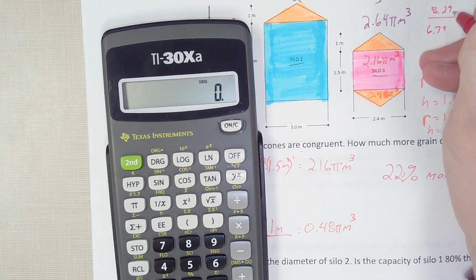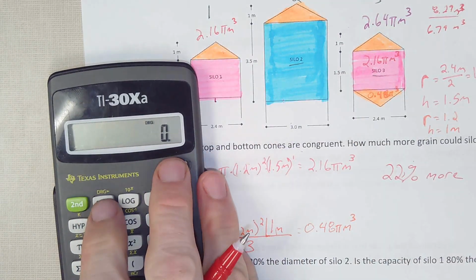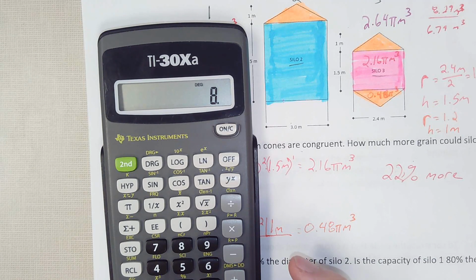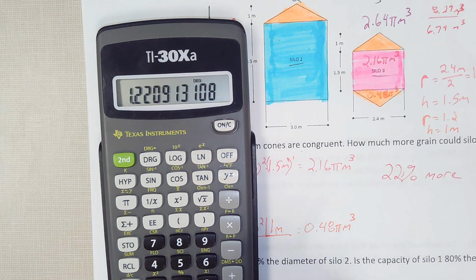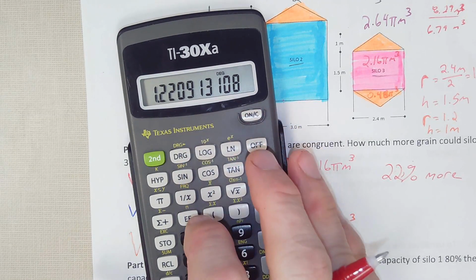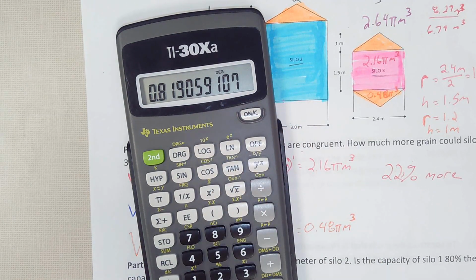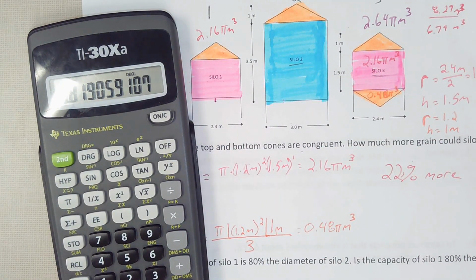These are cubic meters, just regular numbers without pi. So 8.29 divided by 6.79, and you see it's still 1.22. Or you could flip it, and it's 81%, 82%. This is 82% of that, so it's 22% more. Okay, so that is that one.